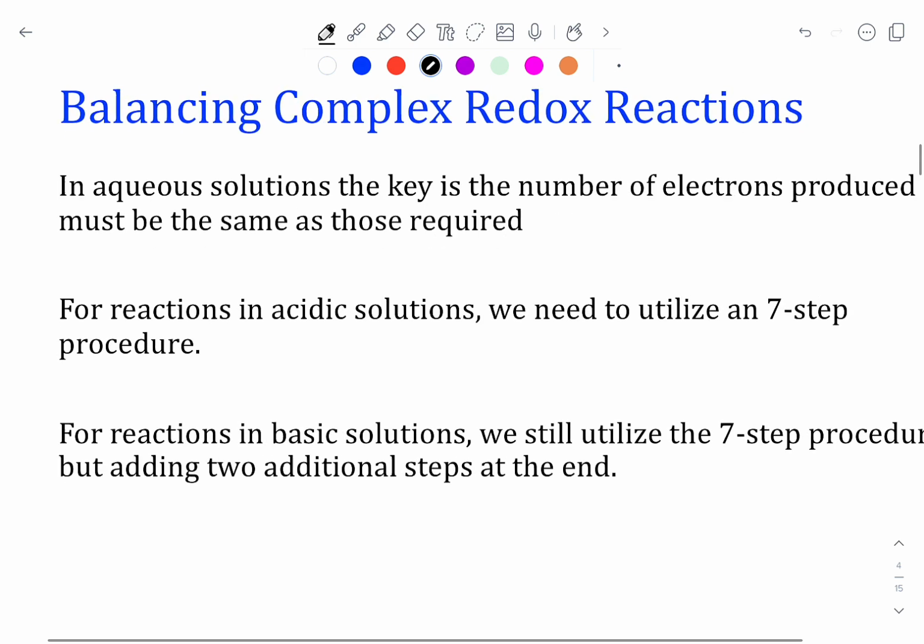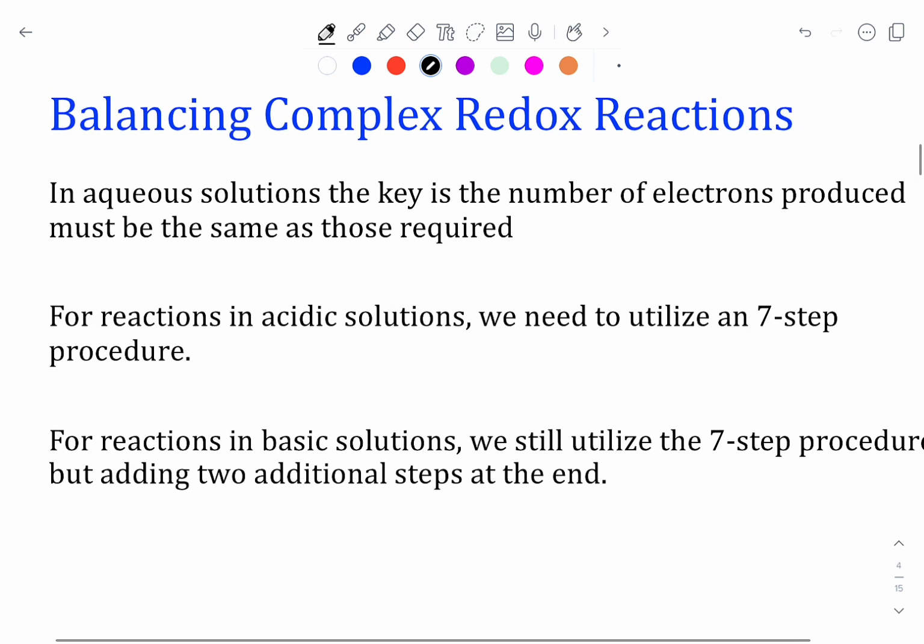So when we're balancing complex redox reactions in our aqueous solutions, the key is the number of electrons produced must be the same as those required. So this is again where LEO, the number of electrons that are lost, must equal the number of electrons that are gained, GER. So LEO must equal GER.